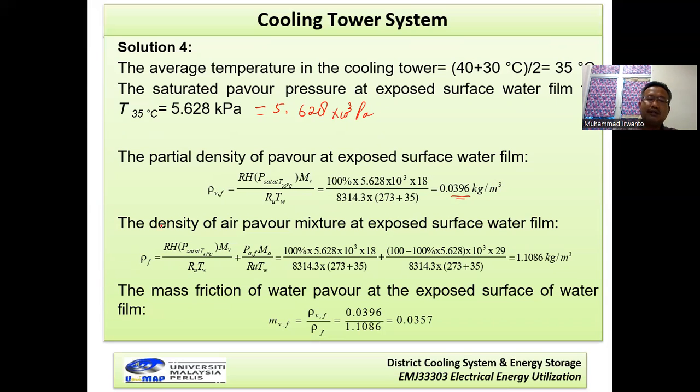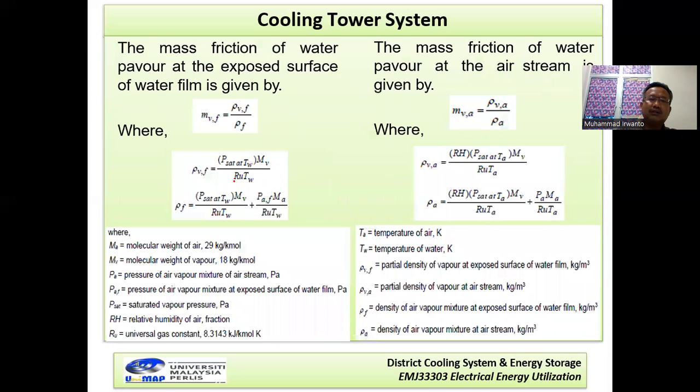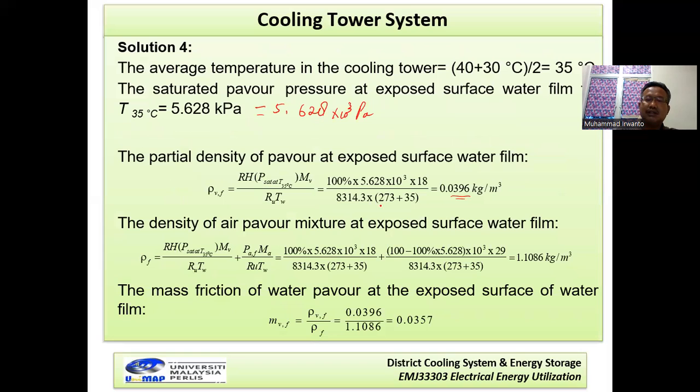After that we want to find the density of the air vapor mixture at the exposed surface of the water film, following this formulation. So the value here, and then plus here. This one is the same. And then here, rho VAF MA over RU TW.